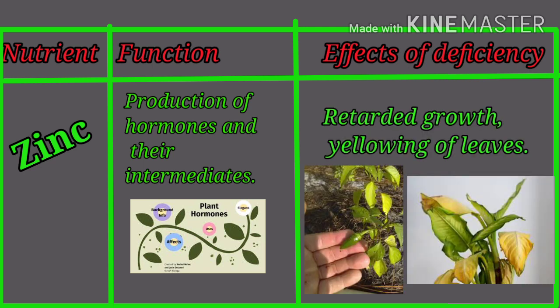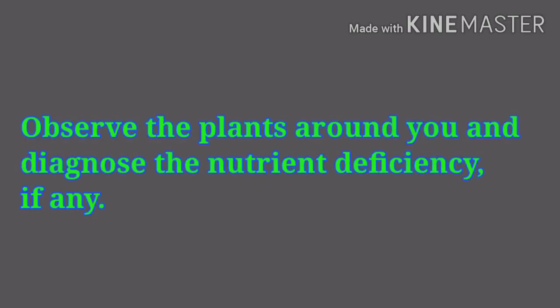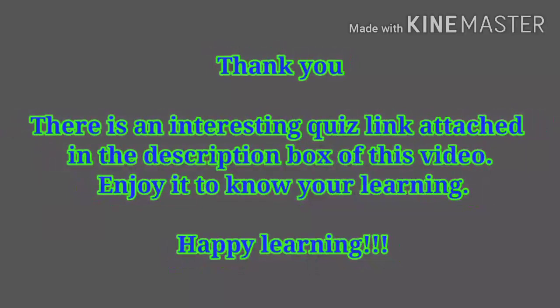Effects of deficiency: retarded growth, yellowing of leaves. Observe the plants around you and diagnose the nutrient deficiency, if any.